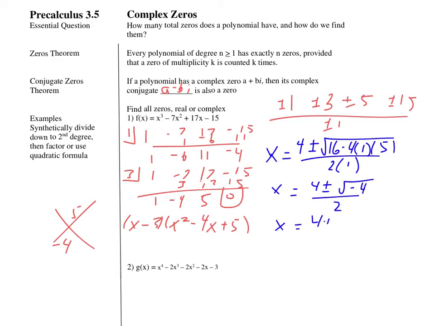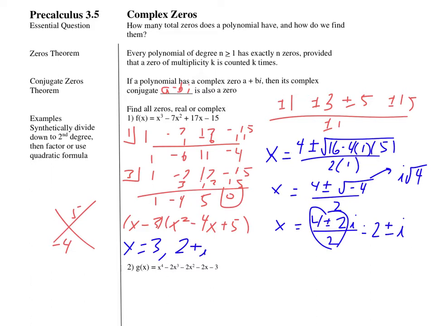And so 4 plus or minus, and then remember what I said in the last section, whenever we have a negative inside, we can just look at it as an i on the outside and then a positive on the inside. So the square root of 4 then is 2, so this is just going to be 2i. And so then if I reduce that, just dividing all of these by 2, I get 2 plus or minus i. So if I was to list out all the zeros here, I would say x equals 3, 2 plus i, and then 2 minus i.